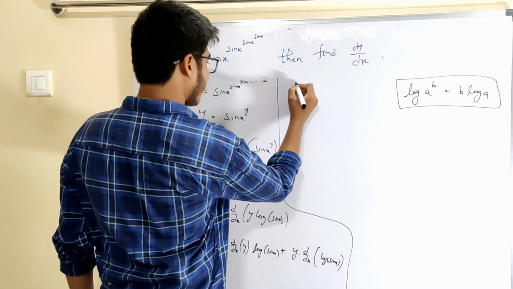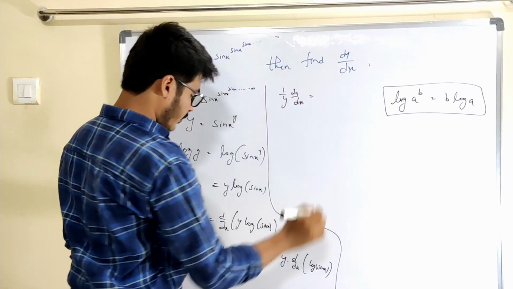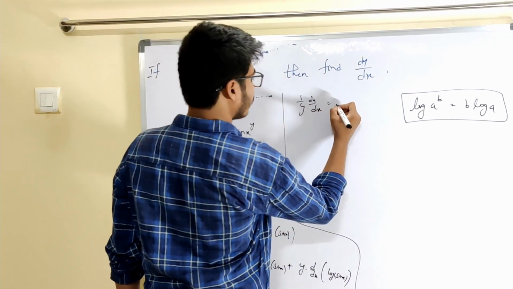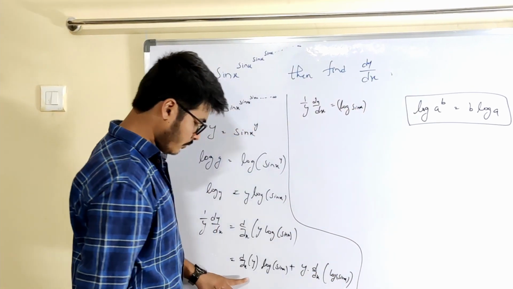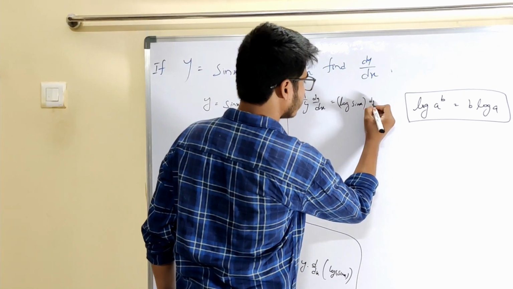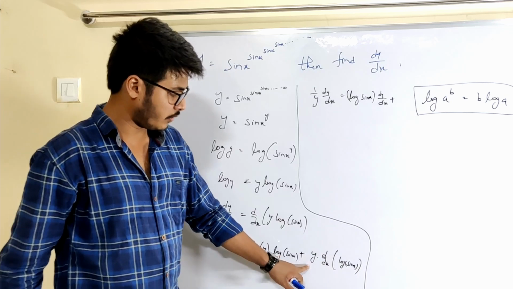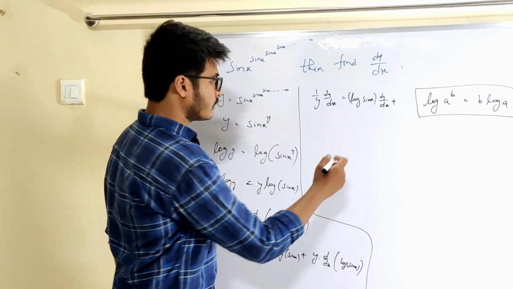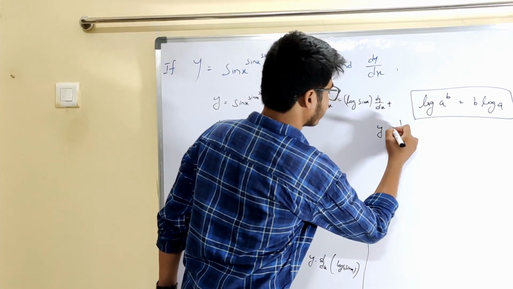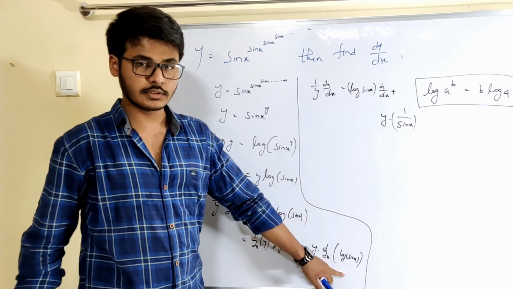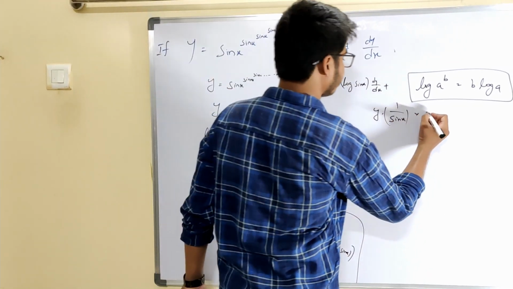So here 1 by y into dy by dx is equal to log sin x into dy by dx plus y into d by dx of log of sin x, which is 1 by sin x into d by dx of sin x, which is cos x.